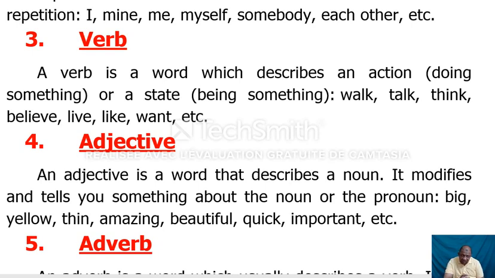But when we speak about a state, it means being something. And these are some examples in front of us, like walk, talk, think, believe, live, like, want, etc. And when we speak about a state, here we refer automatically to linking verbs, especially to be.